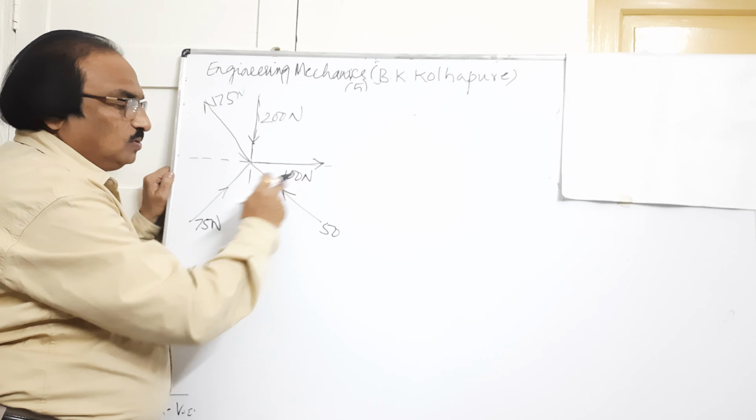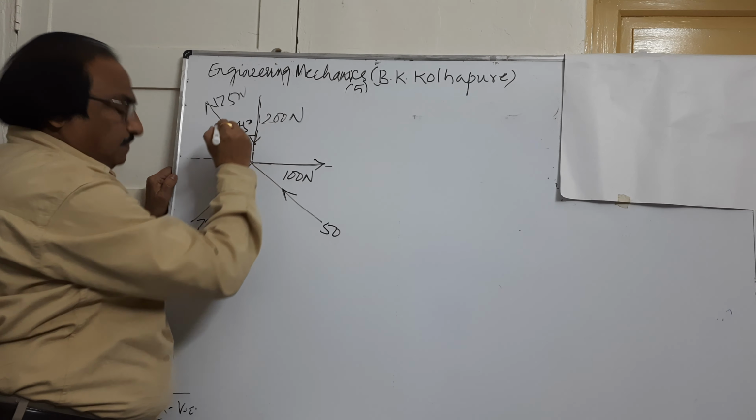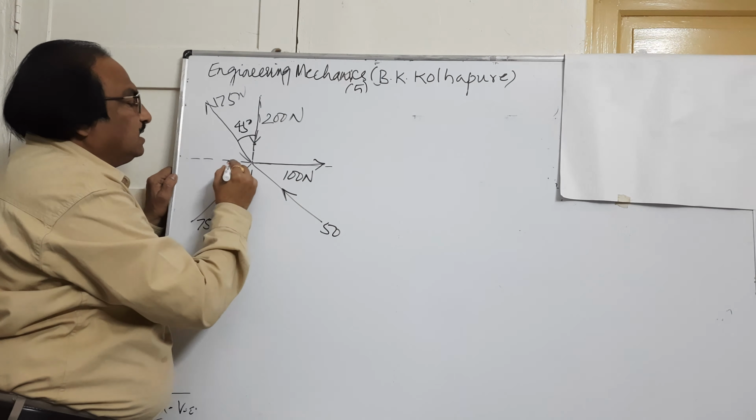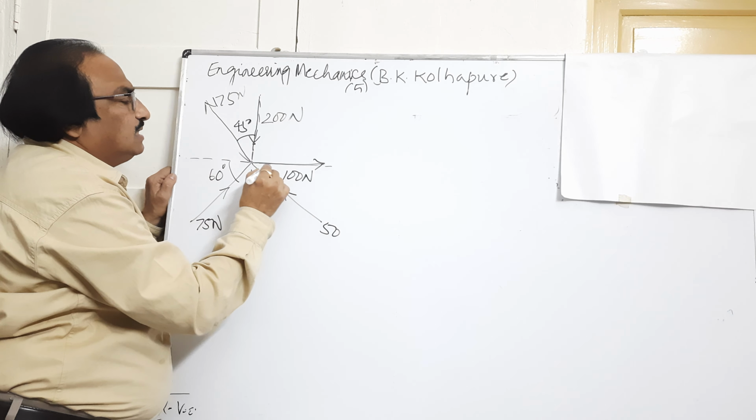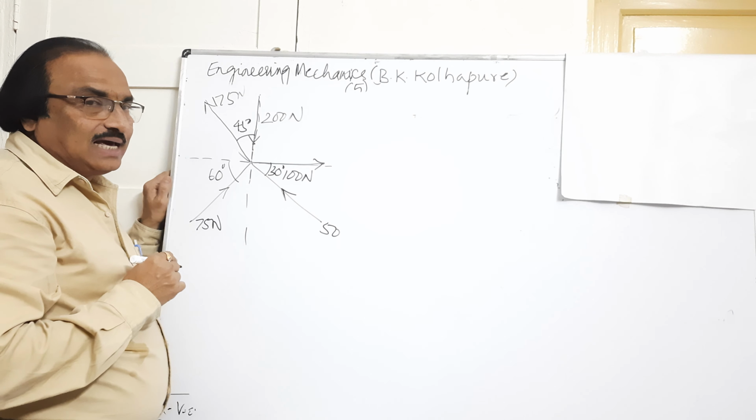One is magnitude, and you should know the direction. Suppose this direction is 45 degrees, this direction is 60 degrees, and this direction is 30 degrees. So magnitude and direction have to be there.